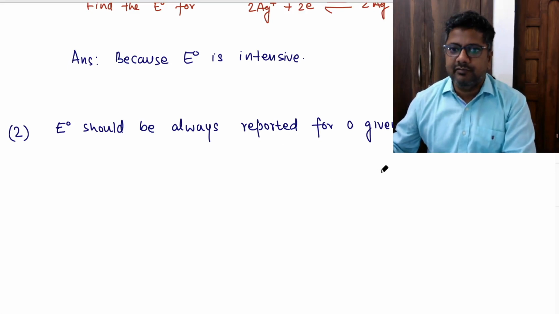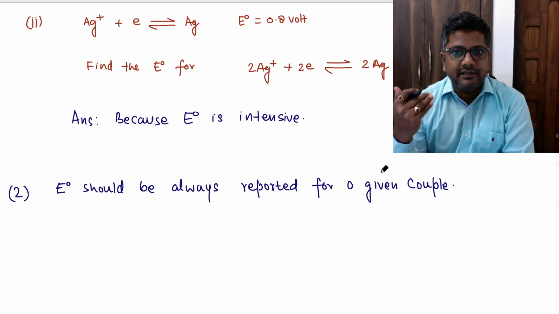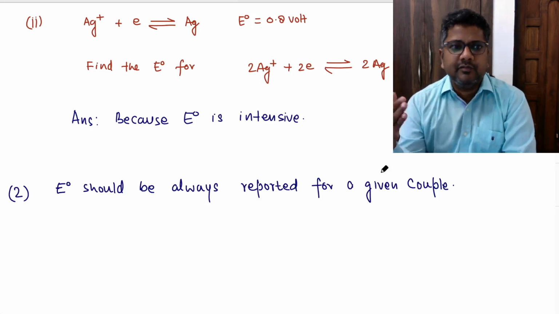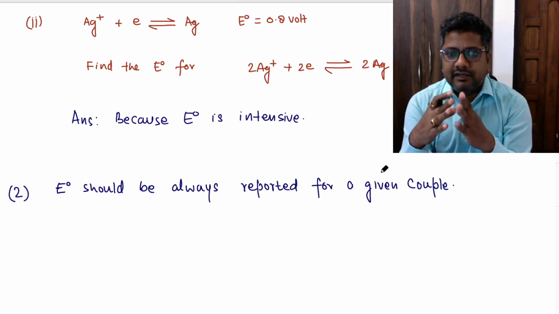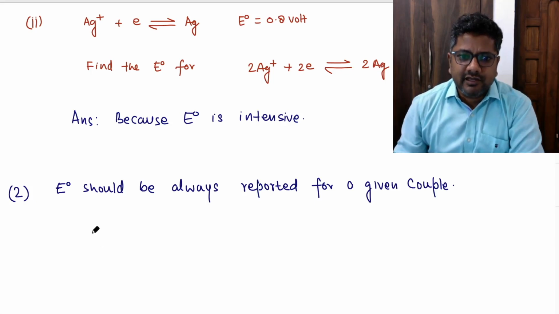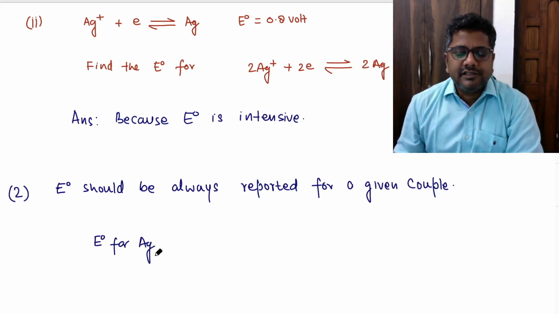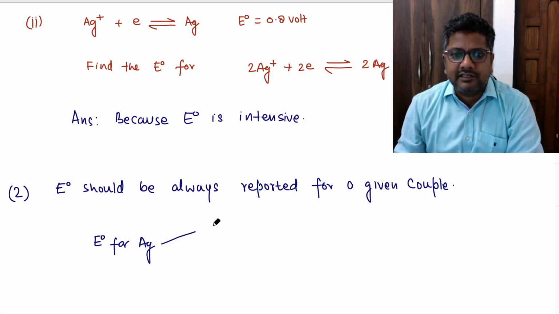What does it mean? Sometimes you will see many people explaining this, okay, E naught for silver, right? So what does it mean? Silver is going to silver plus, or silver plus is going to silver.